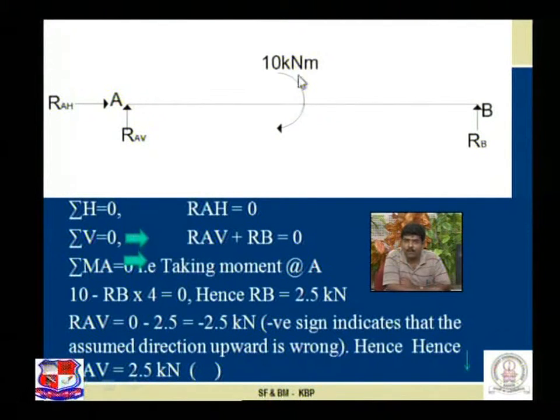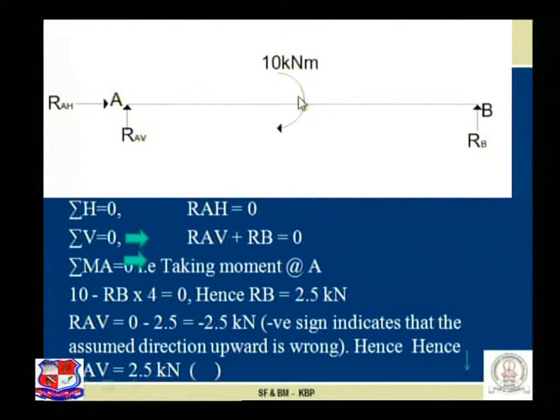The first is RAV into 0, so the moment because of RAV is 0. This 10 kN into meter is a concentrated moment which is clockwise in nature, so direct value plus 10. We do not have to multiply by any distance because the concentrated moment is applied over here.